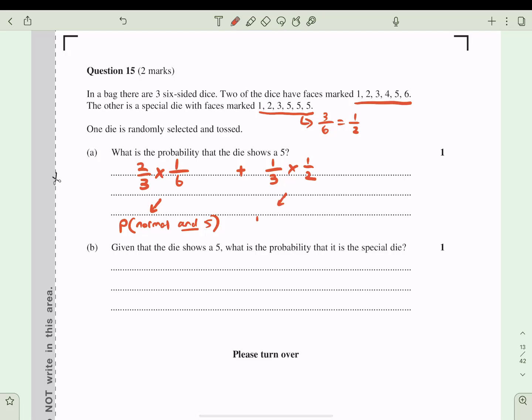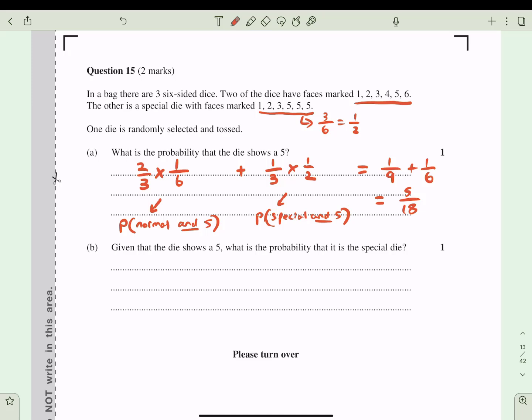This is the probability of special and 5. So that's going to equal 2 on 3 times 1 on 6, which is equivalent to 1 on 9, plus 1 on 6. If we put that into our calculator, because we can't be bothered using mental maths, that should equal 5 on 18.